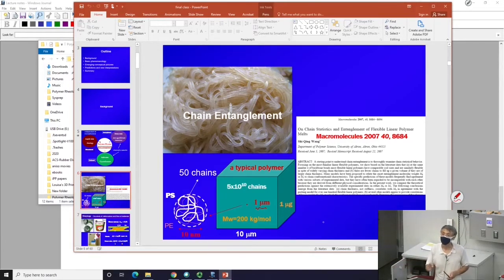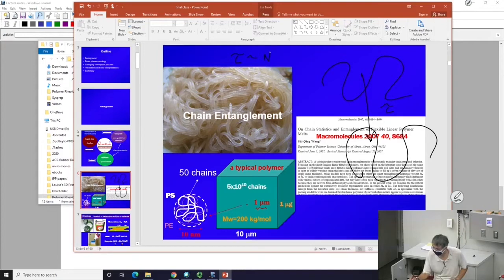For example, if the polymer is so-called entangled, which means long enough, then anytime you double the chain length, the speed with which it can move will slow down by a factor of 10. If we call that moving around relaxation time, tau, then that time typically goes with the chain length to the 3.4 power.